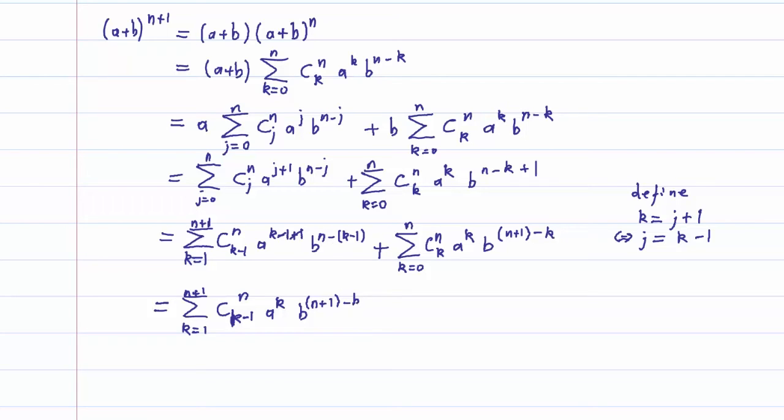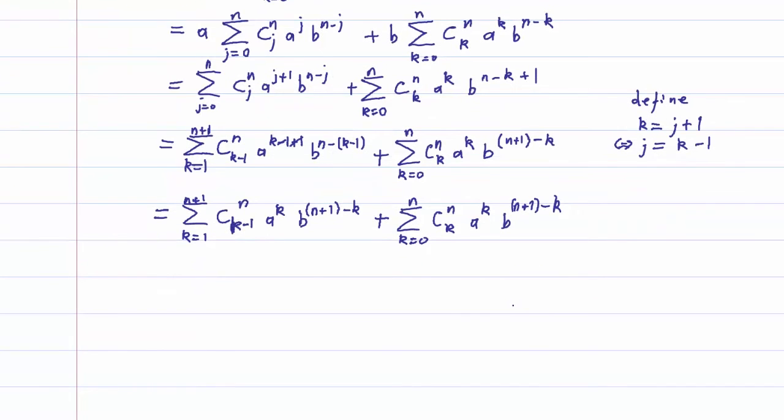And you see that's convenient because that will be equal to the b on the other side here. Plus the sum from k equals 0 to n of C(k, n) a^k b^(n plus 1 minus k).